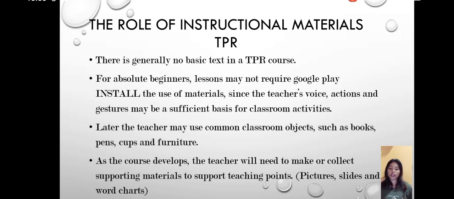Next, the role of instructional materials of TPR. There is generally no basic text in a TPR course. For absolute beginners, lessons may not require materials, since the teacher's voice, action, and gesture may be sufficient basis for classroom activities.